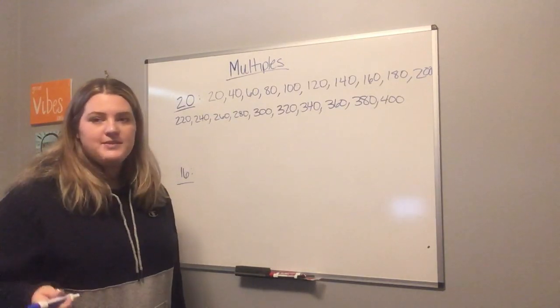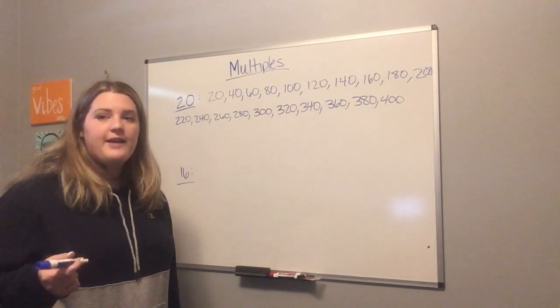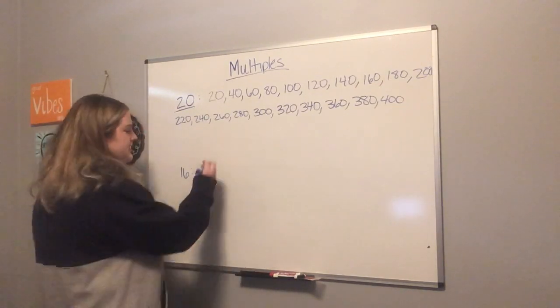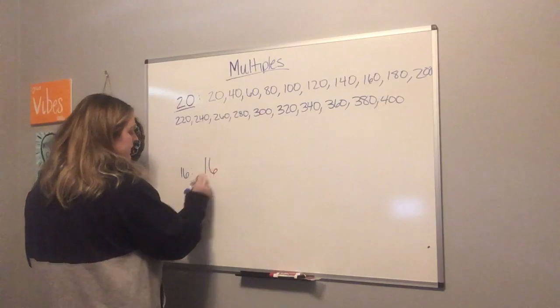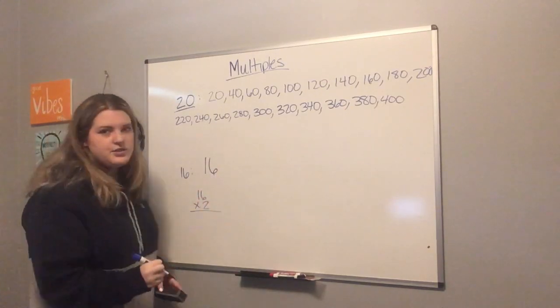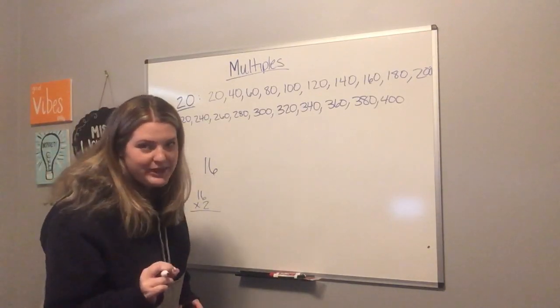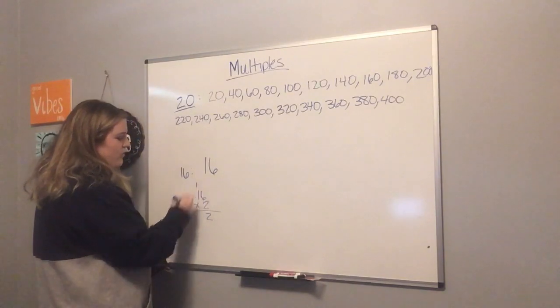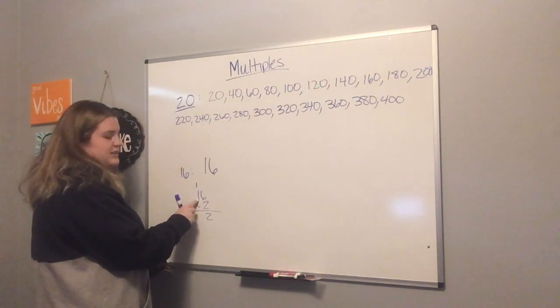So 16 is a number for me that's a little bit harder. I don't know the multiples of 16 off the top of my head, so I'm going to have to multiply. I know the first multiple is 16. 16 times 1 is 16. Now I have to do 16 times 2. Sorry if you can hear Bean. She's pretty annoying. 2 times 6 is 12. I carry my 1. 2 times 1 is 2.